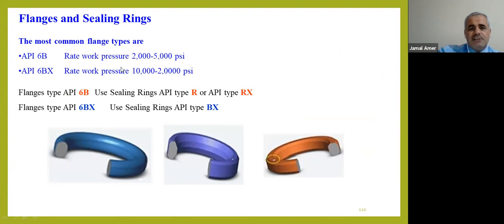Each type of flange takes a different type of gasket. So for 6B it takes the API ring, type R and RX, while for 6BX only BX. What does X mean? We see here this hole, so this is self-energized, that will give more sealing.